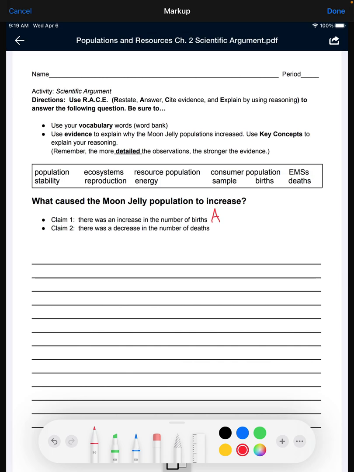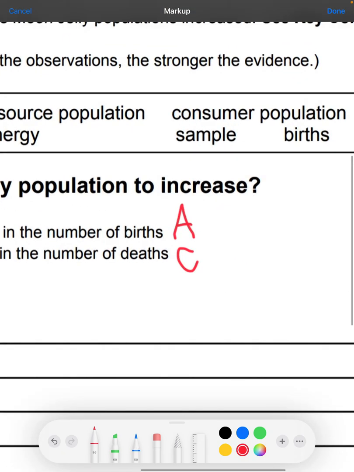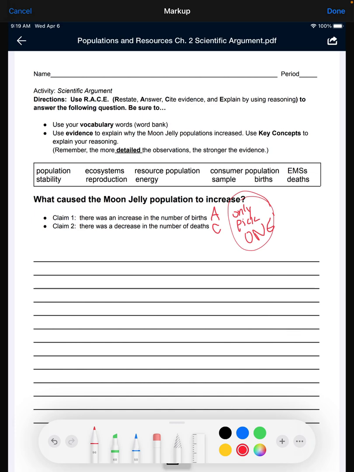So that's going to be your evidence. If you're going to say claim 2, then that will be card C. But only pick one. Don't argue both. That's very weak. It's very wishy-washy. We don't want to do that.